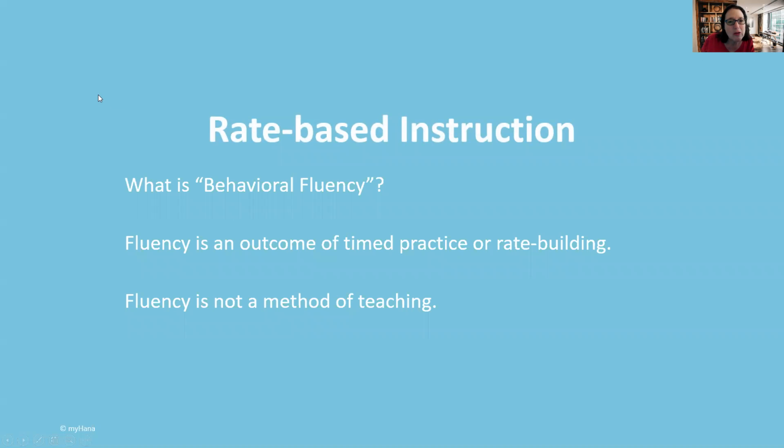We'll be talking about rate-based instruction. We'll talk about what is behavioral fluency, and that fluency is an outcome and not a teaching method. And it's also an outcome of practice and rate building. So this is based on work by Binder in 96 and 97.